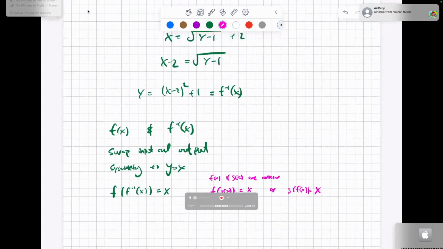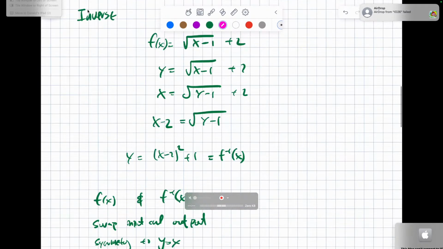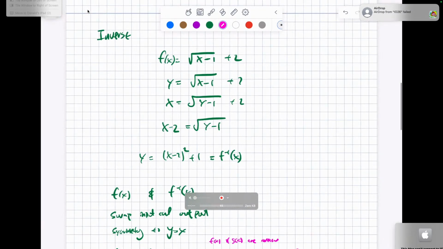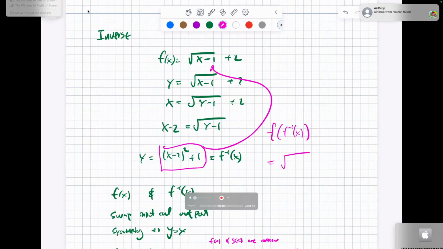We can try right now. We can plug this function into here and see what happens. So f inverse of x is equal to the square root of x. We replace the x in (x minus 2) squared plus 1 minus 1 plus 2, right?